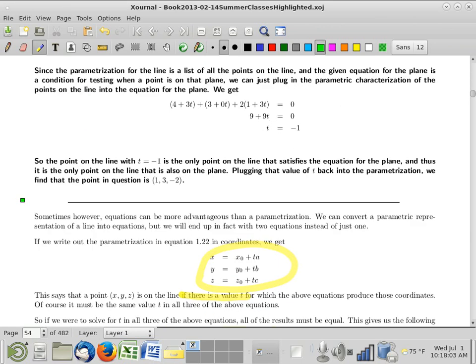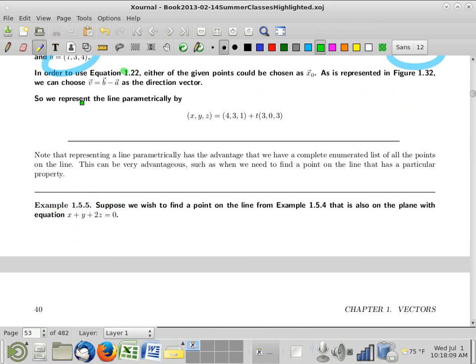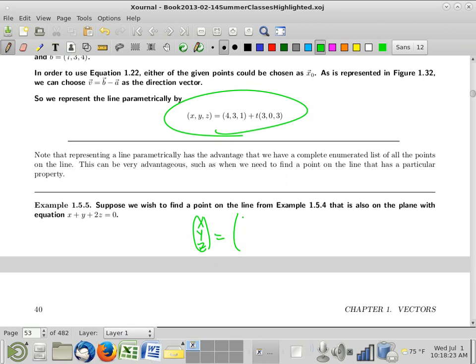And that's here. Actually, let me do one quick thing here. This parameterization that I wrote down is a little bit more useful in this case to write vertically: 4, 3, 1 plus t times 3, 0, 3, because in this way you can see right away there's your x, there's your y, and there's your z.